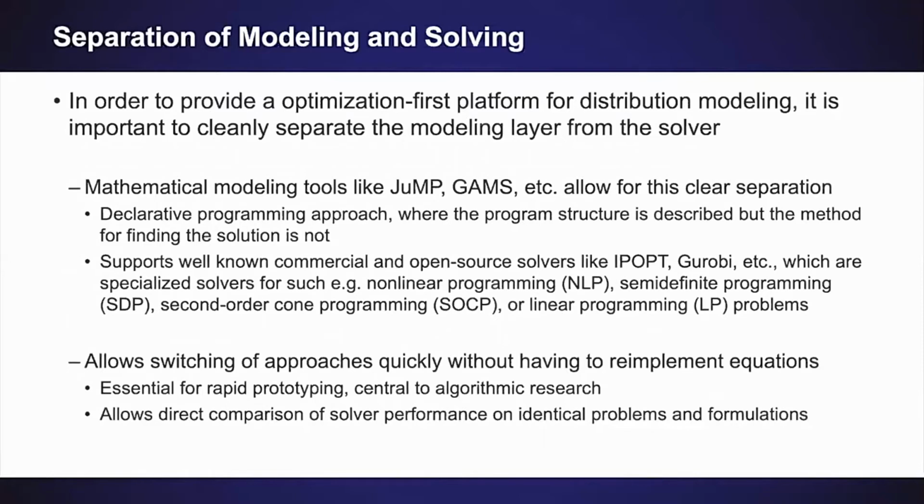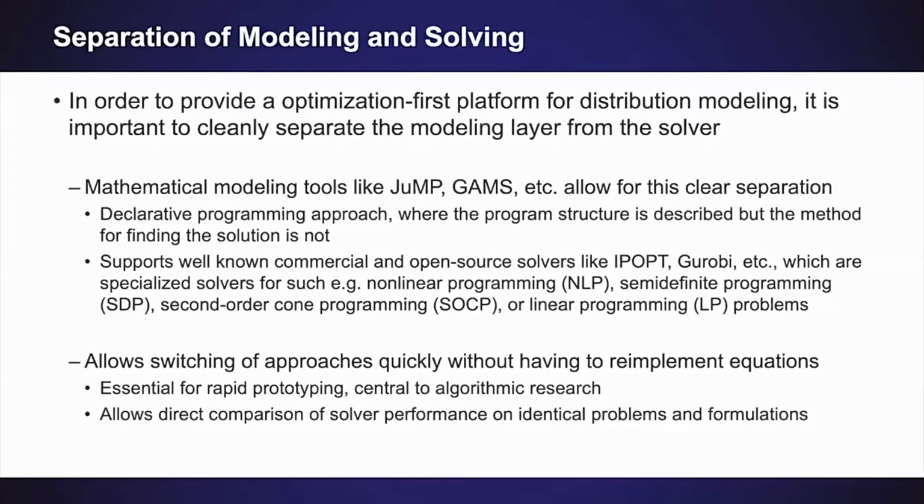There exists a number of well-known tools for achieving this kind of abstraction, such as JuMP or GAMS, which result in a declarative programming approach, where the program structure is described by the user, but the method for finding the solution is not. In this way, a variety of well-known solvers can be supported to solve a large number of types of mathematical programs, such as nonlinear programming, semi-definite programming, second-order cone programming, or linear programming problems.